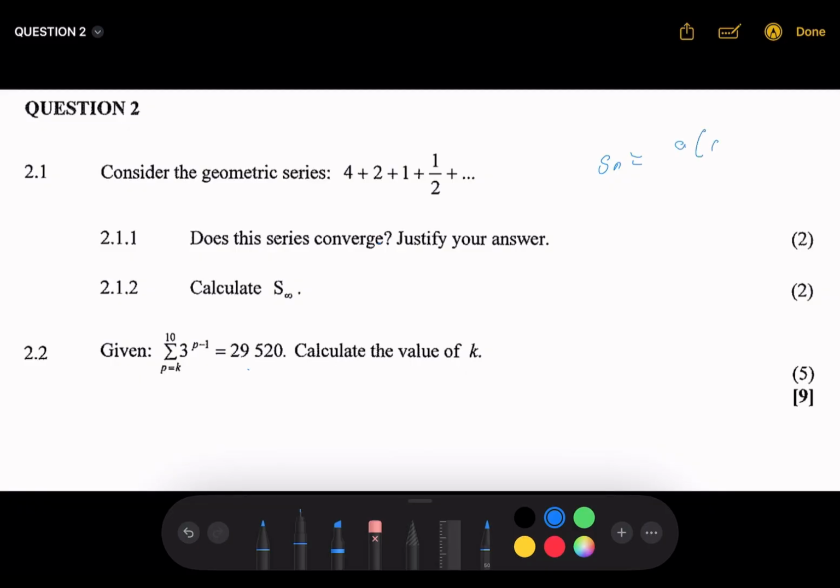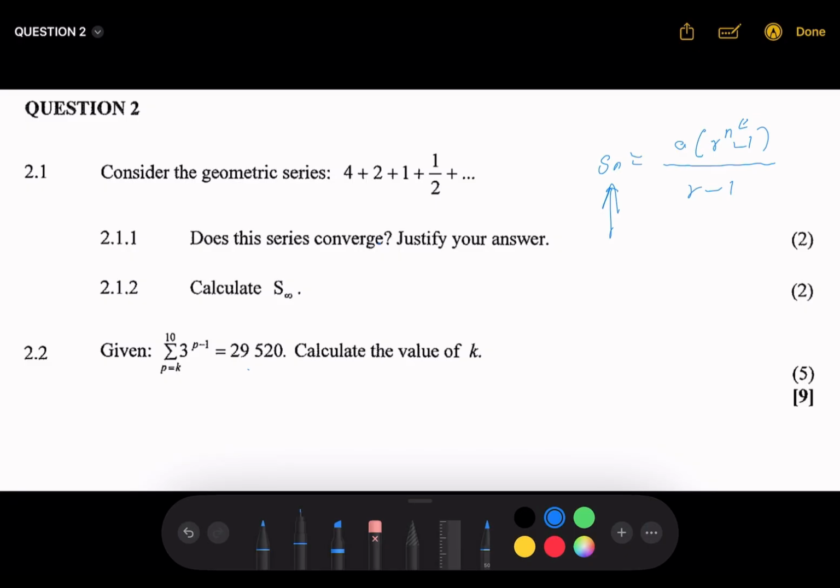a times r to the power n minus 1 over r minus 1. We know that this n indicates how many terms, so it's the number of terms it takes to get the sum value. And how do we get that? We are given this sum equation.